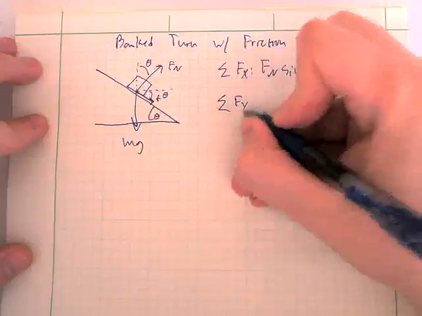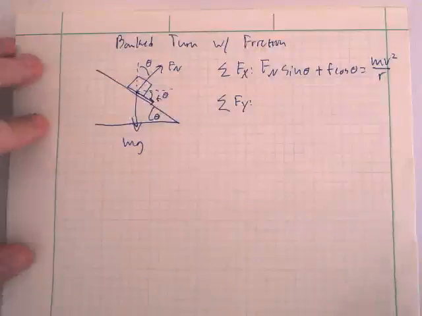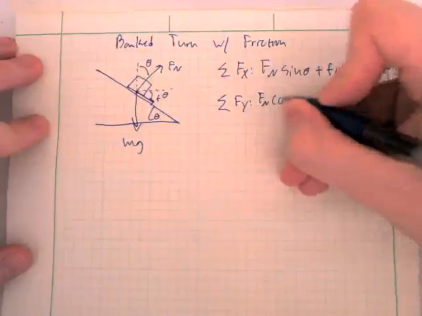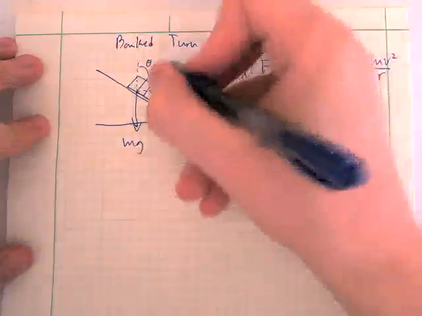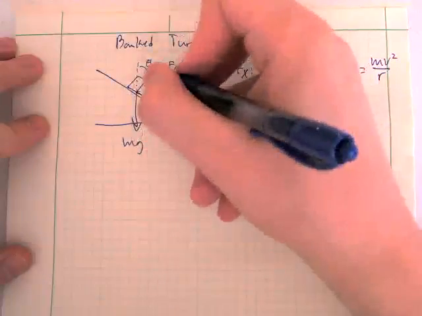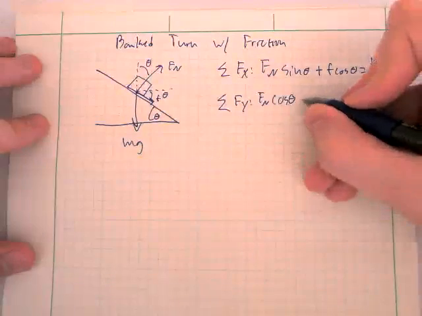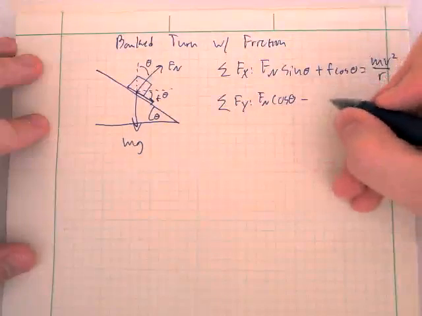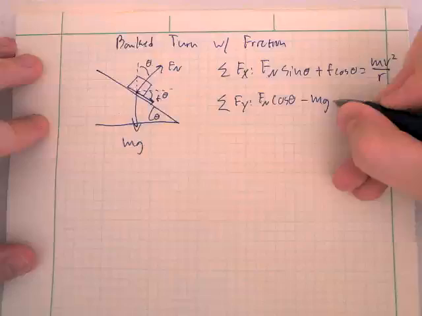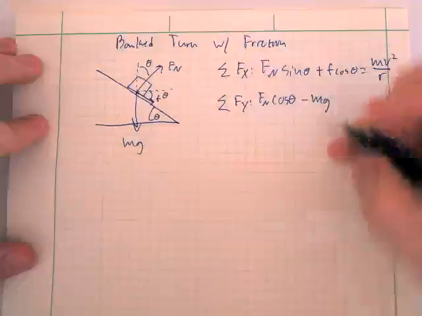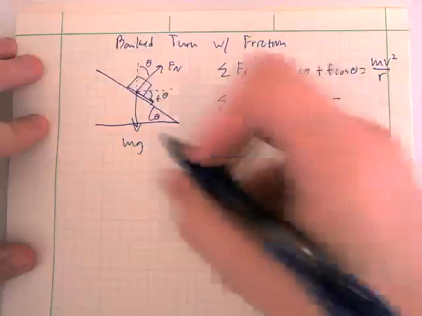Let's look at these in the y direction, and we have this. We have F n cosine theta, right? Obviously, this is in the y direction, so adjacent to this angle, F n cosine of theta, minus mg, and we don't have to worry about any angles there, just mg straight down, and then minus, right?